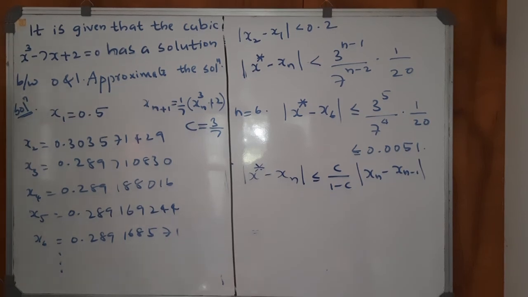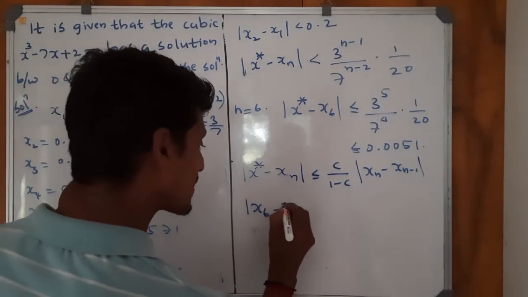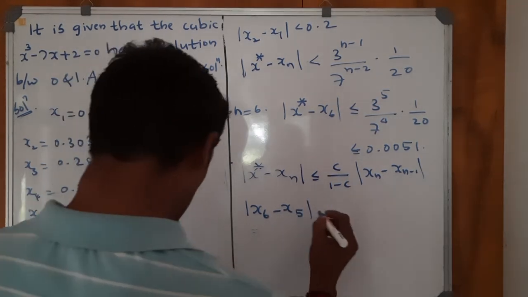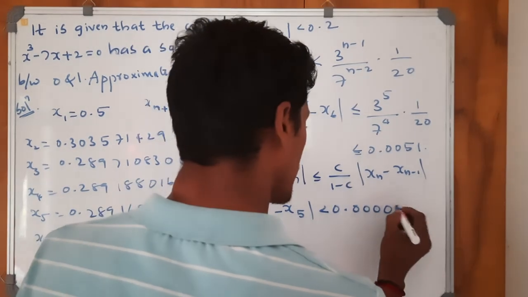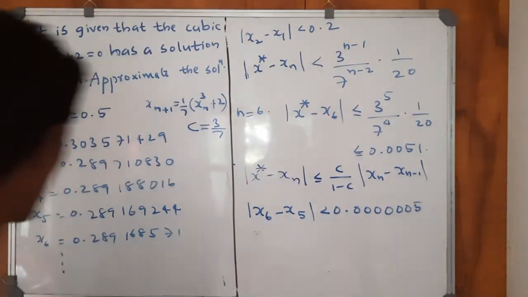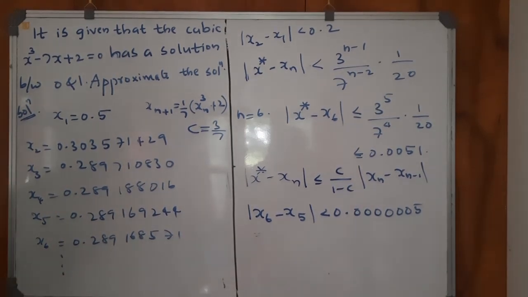Okay, so if I fix n equal to 6 again, we have modulus of x6 minus x5 is less than 0.000005. We observe that the first 5 decimals are fixed.